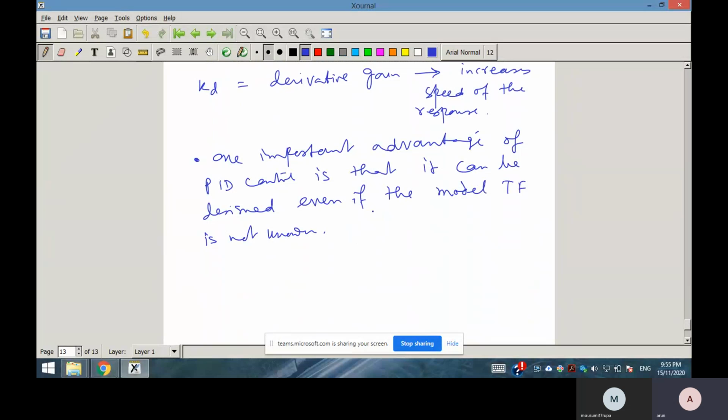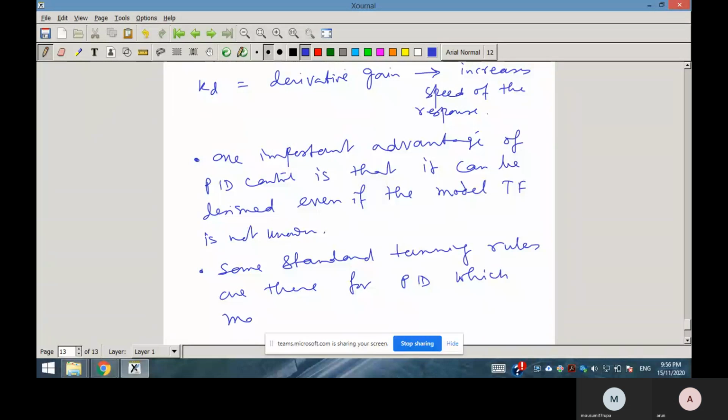There are some standard tuning rules for PID, which make it attractive to the process industry.